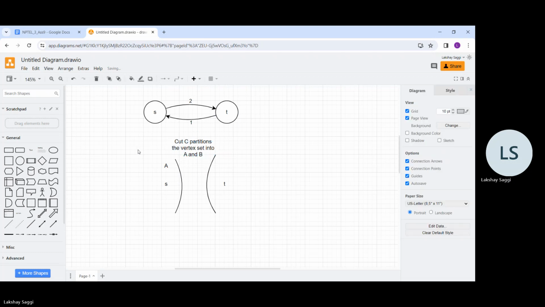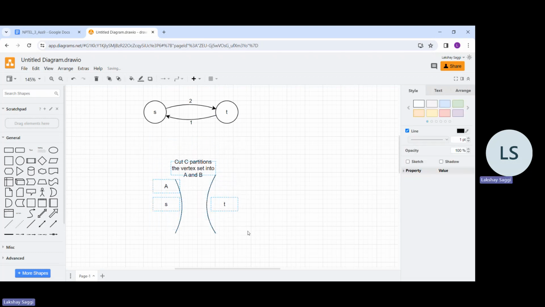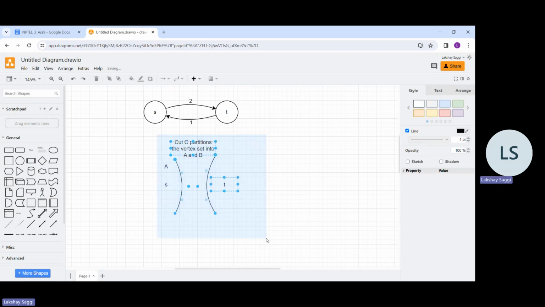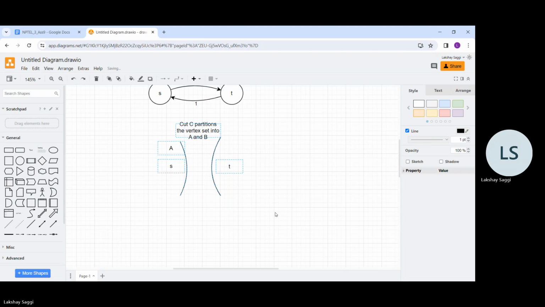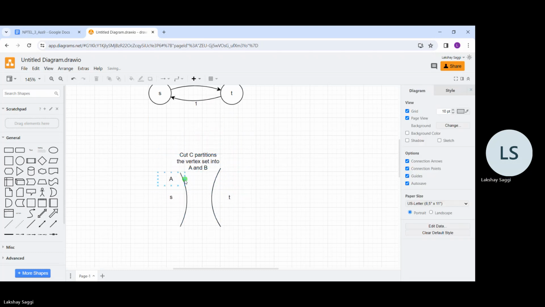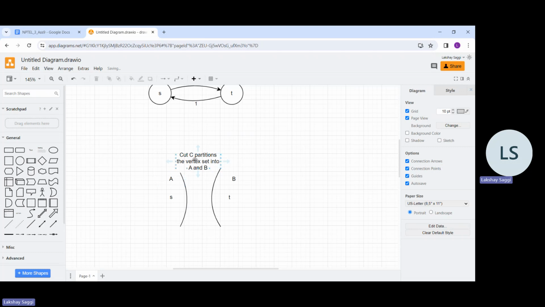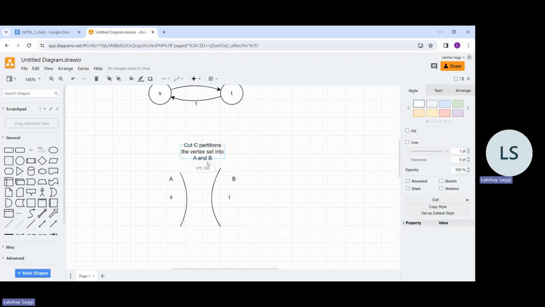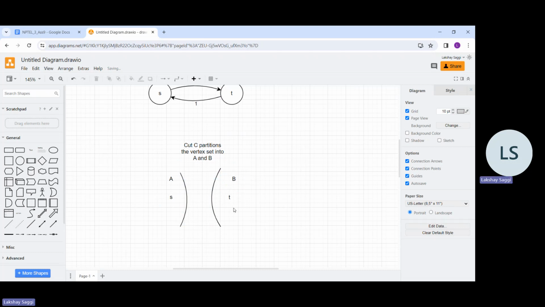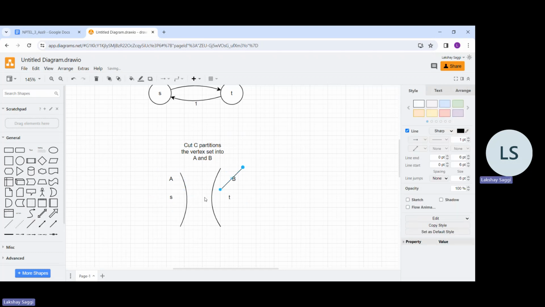Maybe I should move this diagram a little bit. So let's suppose for the cut C there was a set of edges which we delete, and these edges partition our graph into two sets of vertices, the set A and the set B. The set B contains the vertex T, and the set A contains the vertex S. Now all the edges which go across these sets, there can be multiple edges going across.